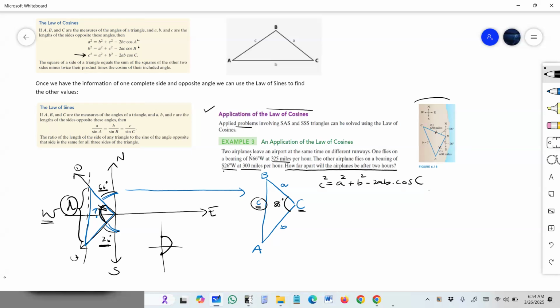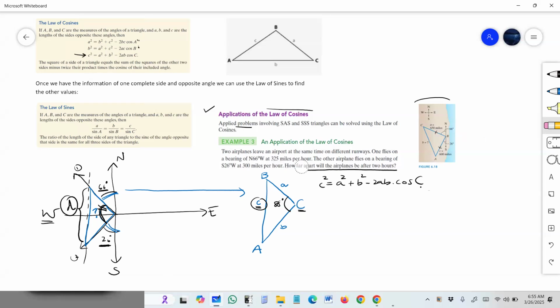Let's see what we have. I need to find C, which is perfect. I have capital C, 88. But what are A and B? We have to go back to the problem because maybe we're missing some information. Let me erase this a little bit.